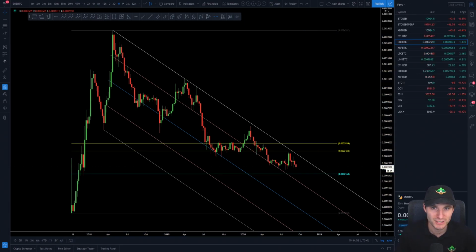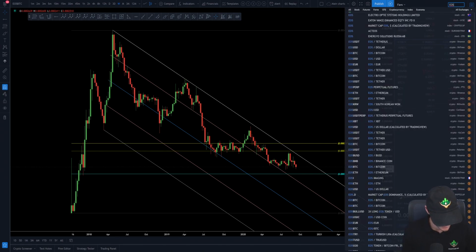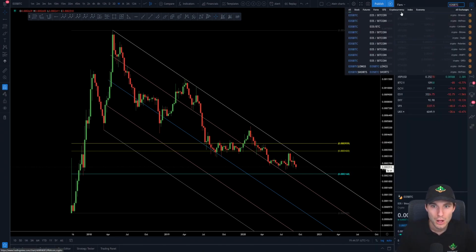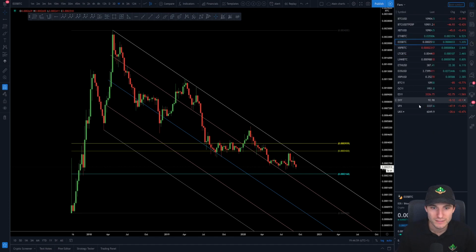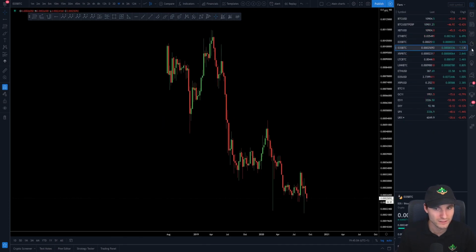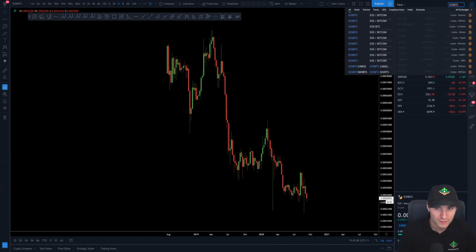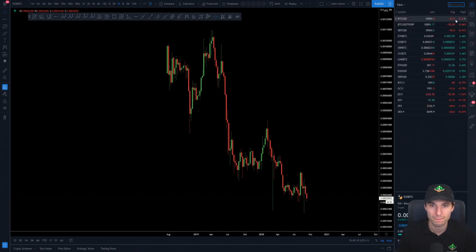I need to kind of just check another exchange for more data on this. Poloniex. Let's just check something. Okay, this one is no good either. Even less. Bitfinex.